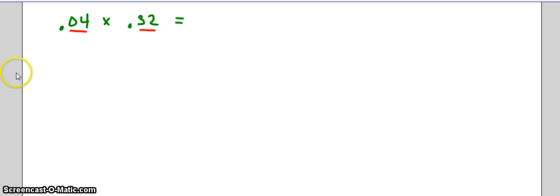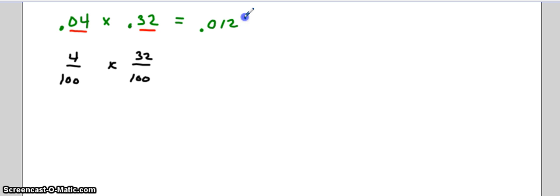And the reason for that is that this number is 4 hundredths and this number is 32 hundredths. So 100 times 100 would be 10,000. If we take 4 times 32, through multiplication we're going to get 0.0128.